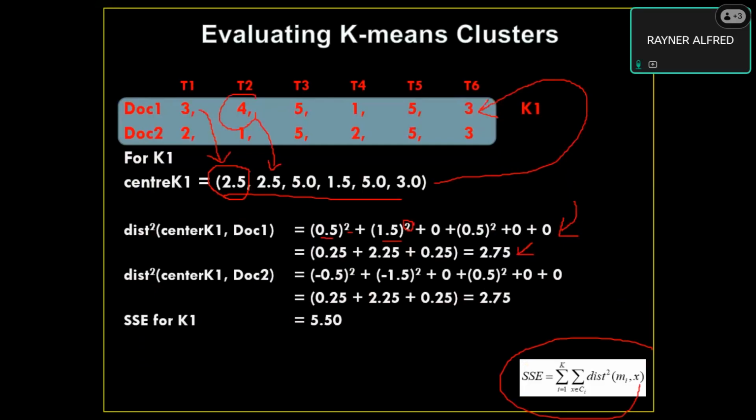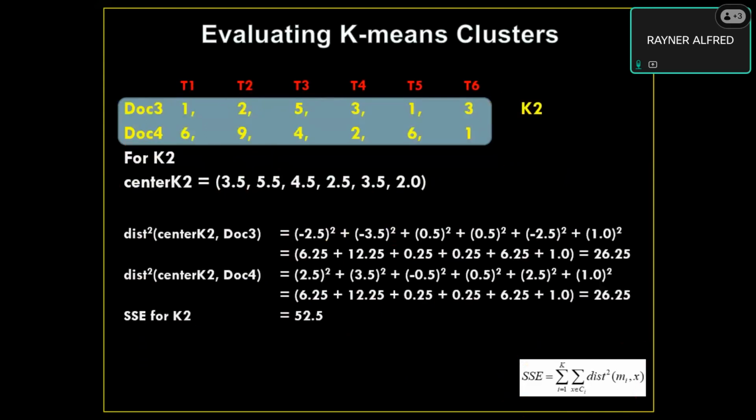So you repeat again the distance between your center to document 2. So you take the difference of this and so on, so you get 2.75. And the total is 5.5. So this is only the sum of square error for this cluster only. So you need to repeat for cluster number 2 and cluster number 3.